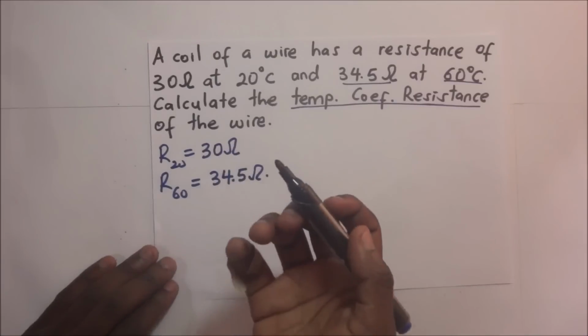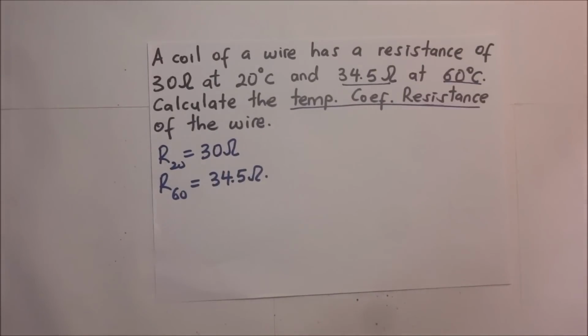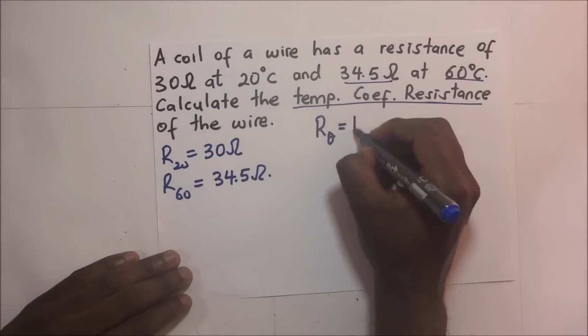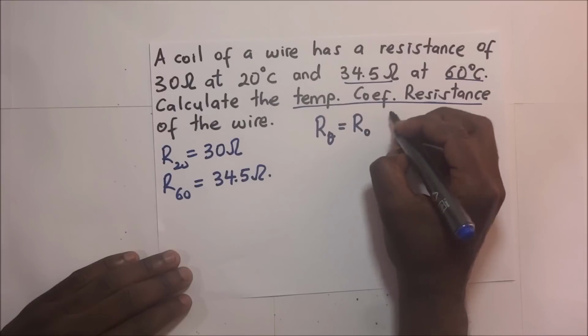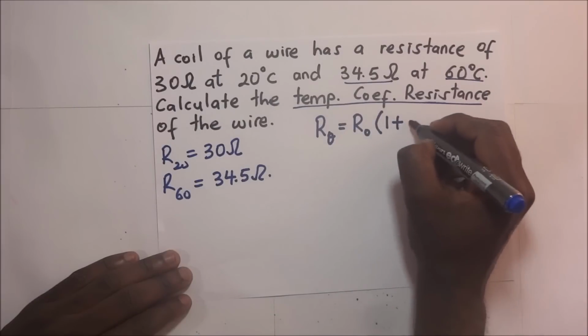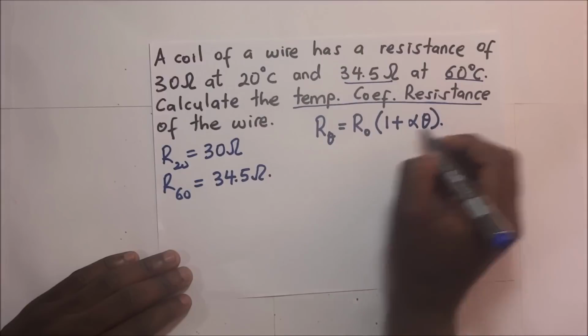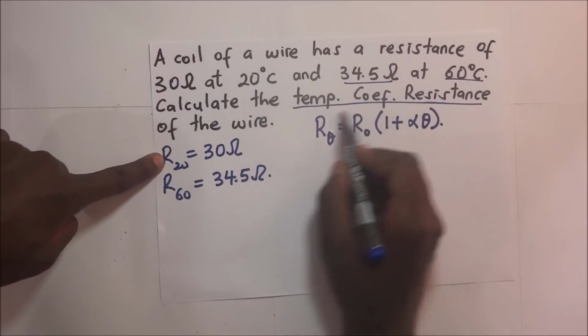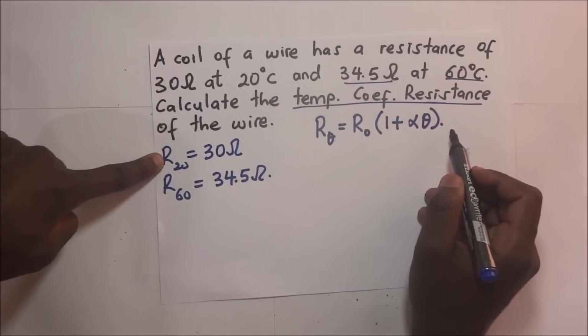Now, from the expression we've just looked at previously, we know that resistance at an unknown temperature theta is going to be equal to resistance at 0 degrees Celsius into 1 plus alpha theta. We are going to use this to come up with two equations that we are going to solve simultaneously.